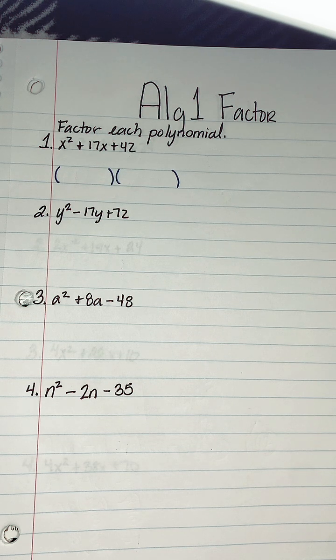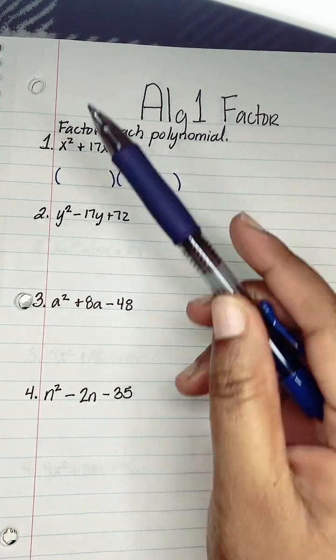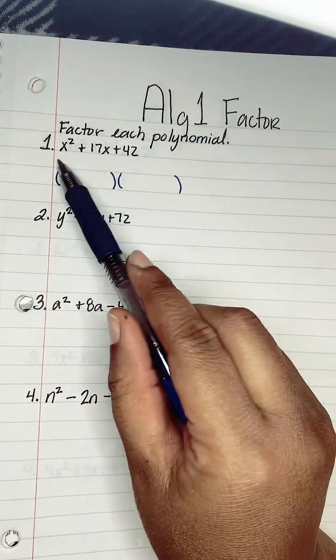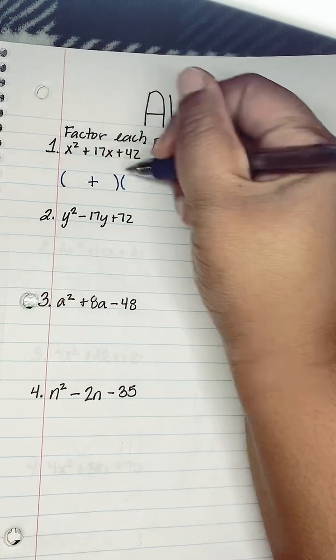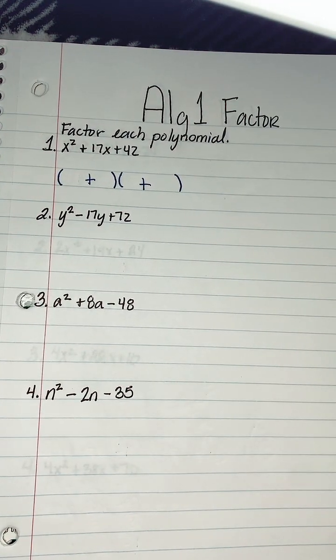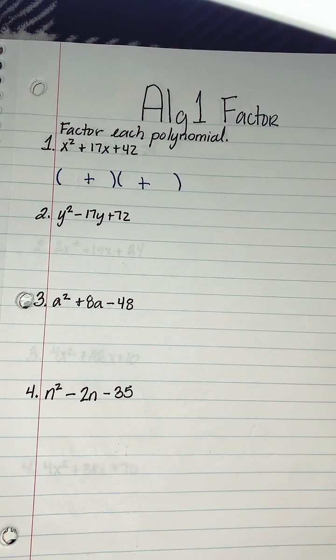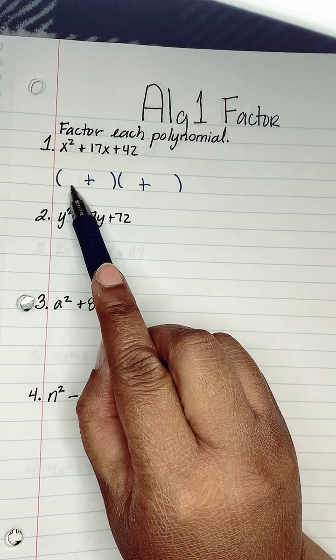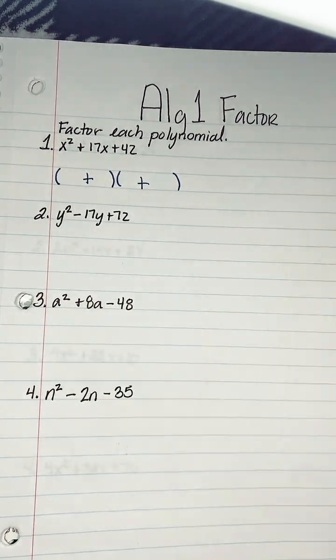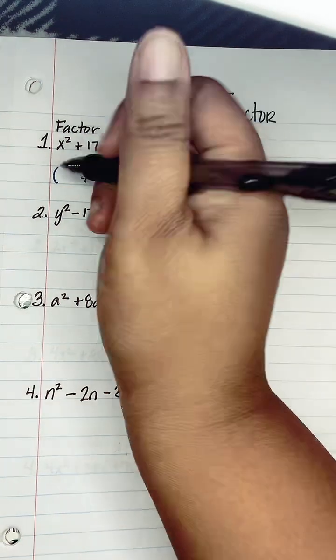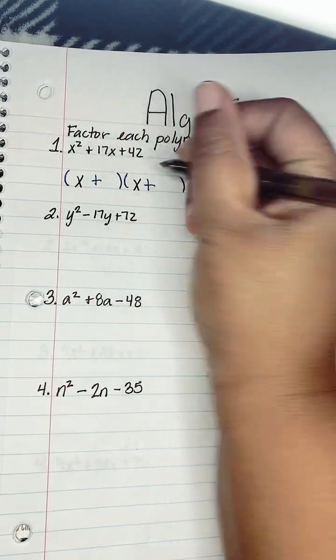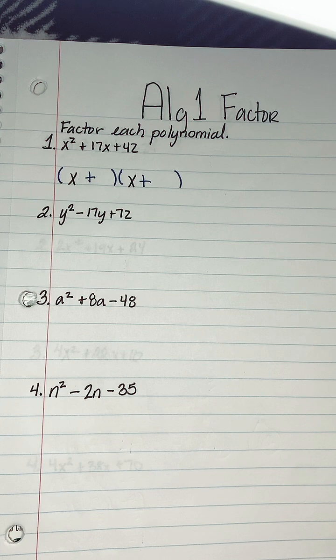First you look at your signs. We all have plus, so it's all positive. That's going to be plus and plus. Then we say, what times what gives us x squared? Well, x times x gives us x squared.